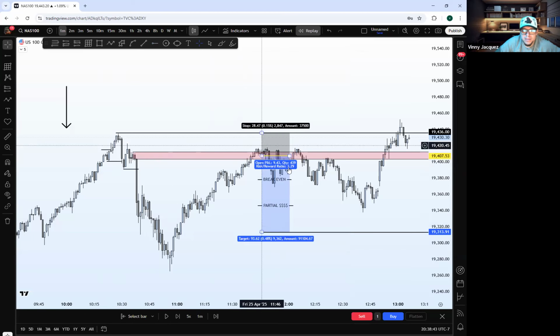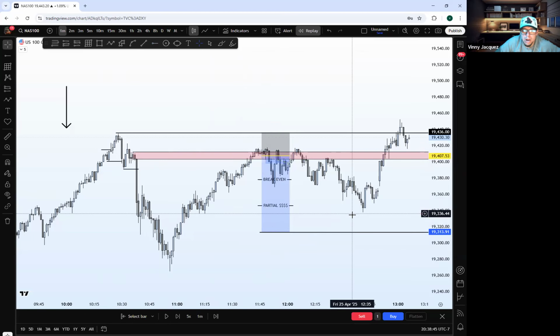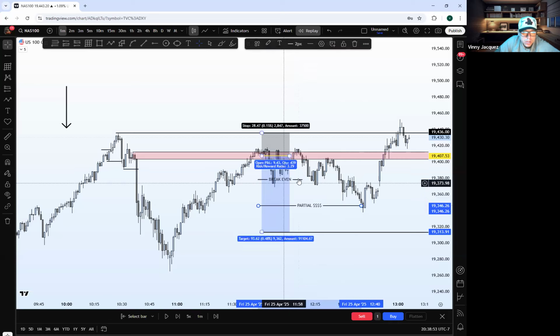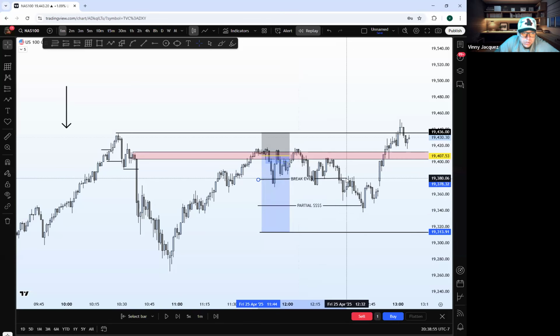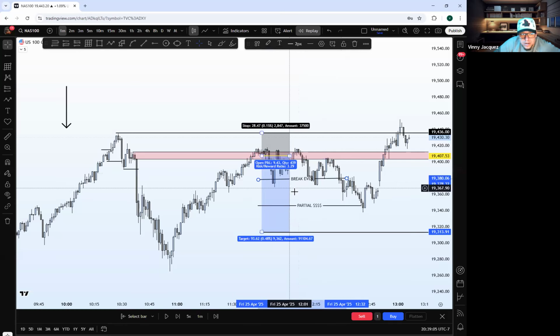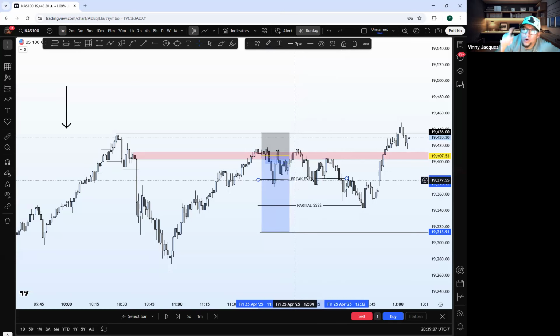What if it gives us everything else but our 1 to 3? And we were able to take break evens and partials, but you don't listen when the market tells you what to do. If you guys are experiencing this right here, I know how you are, bro. Stop it. Listen to the market.